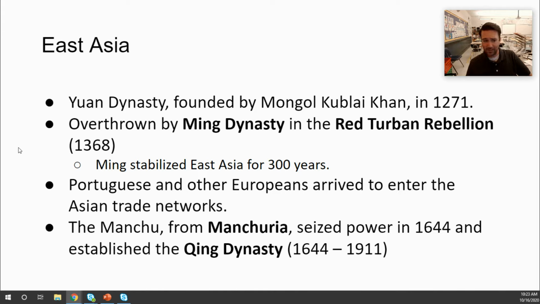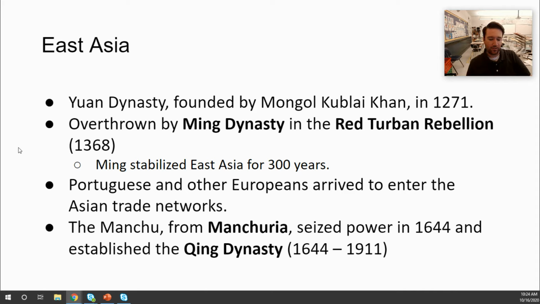But the Ming dynasty itself helped stabilize East Asia for roughly 300 years. And as soon as the Portuguese and other European countries start to enter into the trade networks of the Indian Ocean and start to trade with the Ming dynasty, over time there are going to be issues within the Ming dynasty.